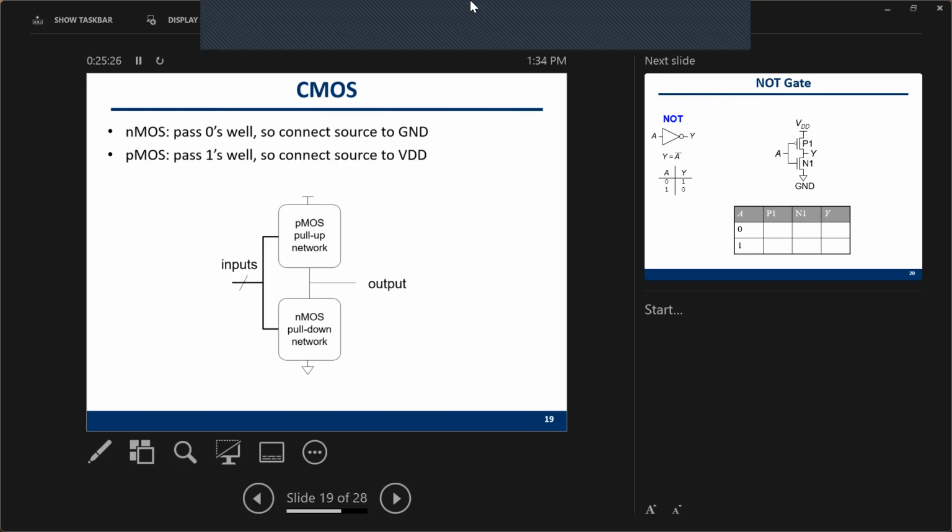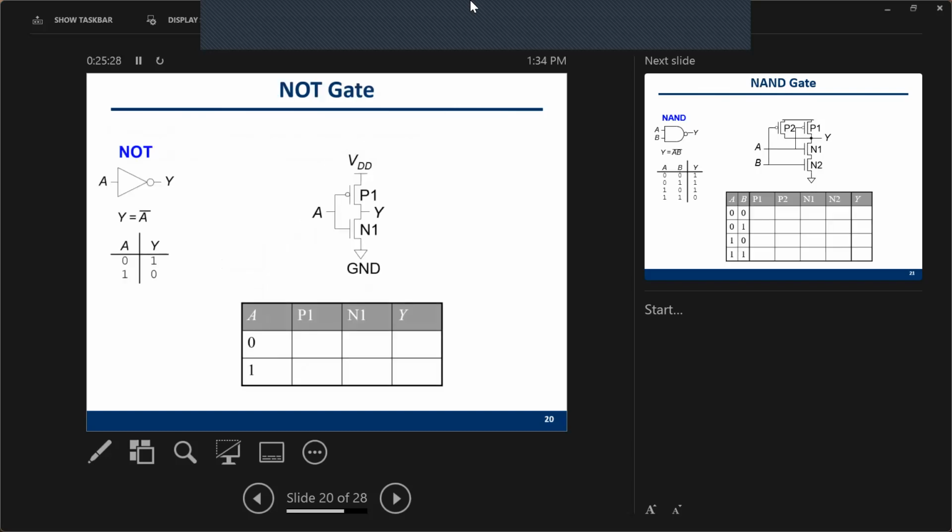So here is one example. The easiest example is a NOT gate. We have one single PMOS and one single NMOS in this NOT gate, which are the two MOS here.